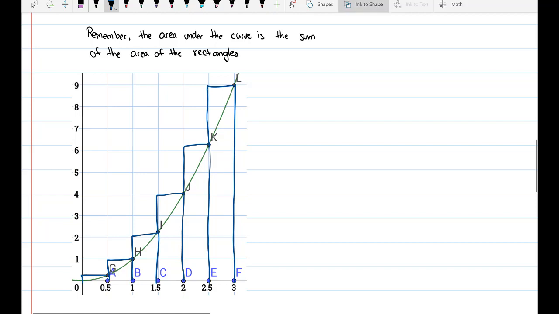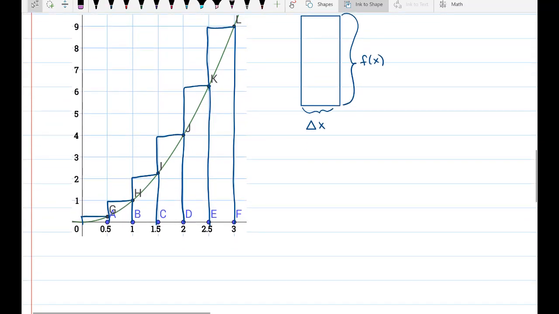So if we look at these rectangles, this distance down here is delta x, and this distance right here is going to be f of x, depending on what x value we used. So here, this is going to be x1, x2, x3, x4, x5, and x6.